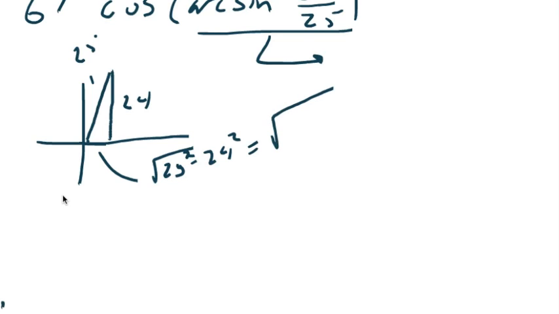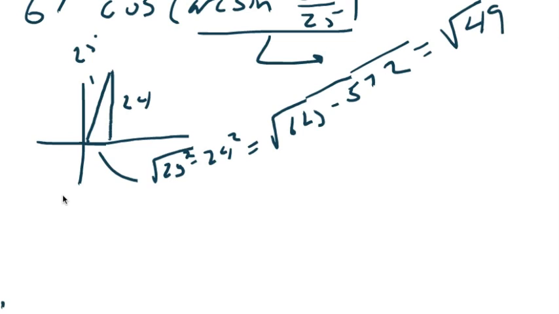So that's equal to the square root of 625 minus 576, which is equal to the square root of 49, which is equal to 7. So this side is 7.